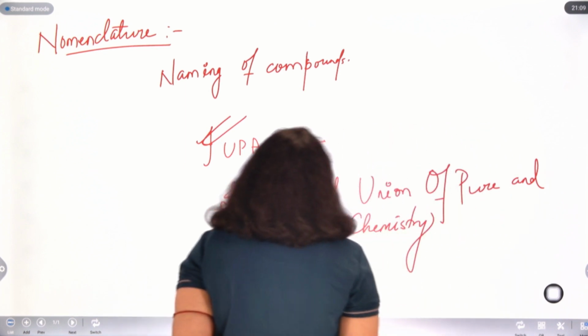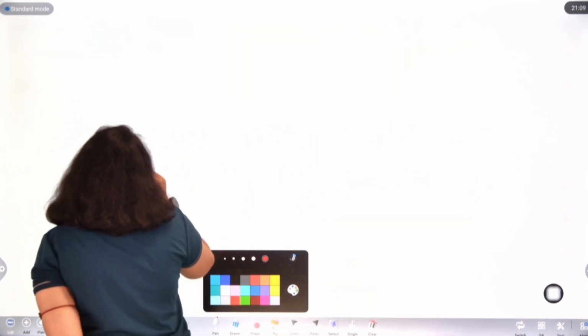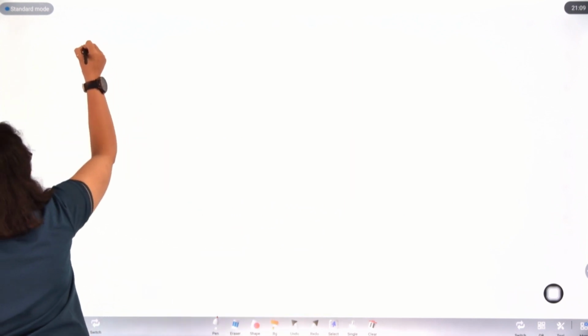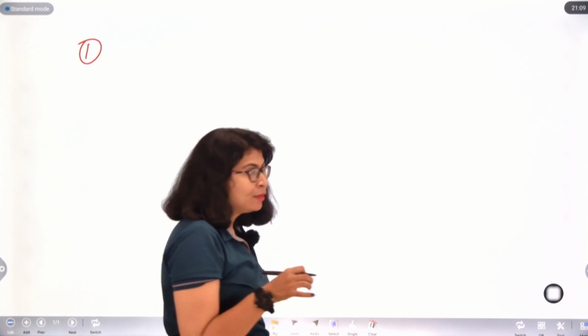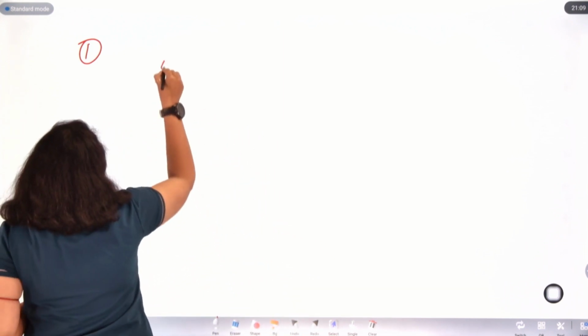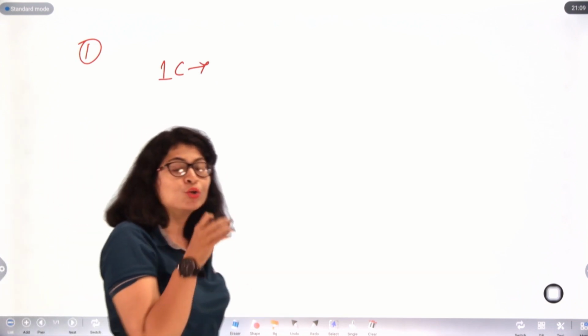So before going into the name, we have to remember certain prefixes. The first thing is, if an alkane has one carbon atom, it is given a word root.